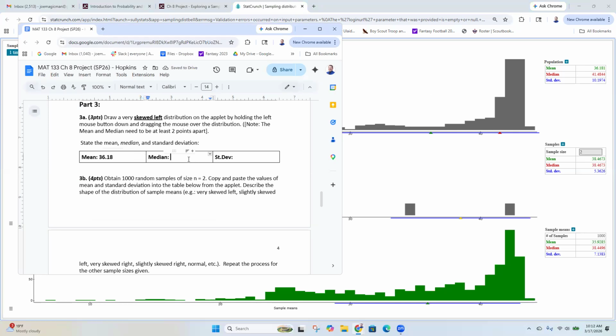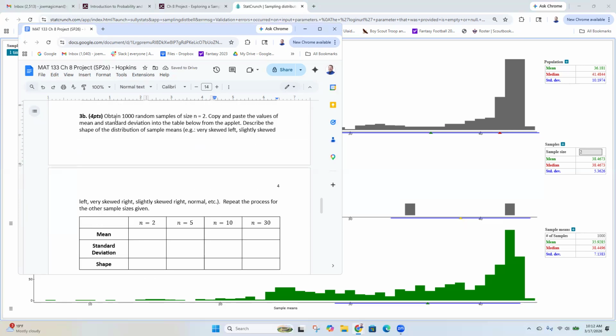Median was 41.48, and my standard deviation was 10.19. Round that up. Okay. All right. Run 1,000 samples, size 2, mean, standard deviation, shape.